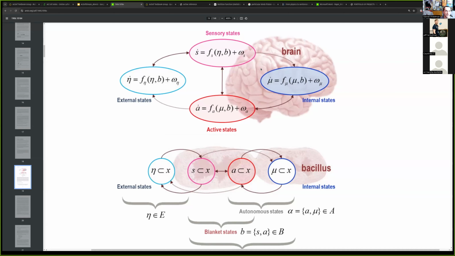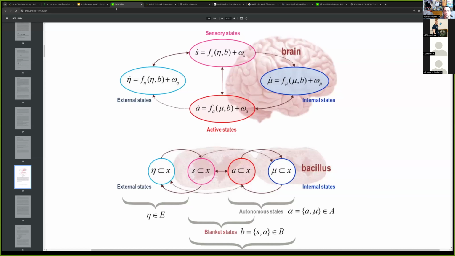Nodes are variables, edges are functions that relate variables, they're maps. It turns out over the last 10 years, being applied more by Bert de Vries and Karl Friston, but the fundamentals lying in the previous decades.